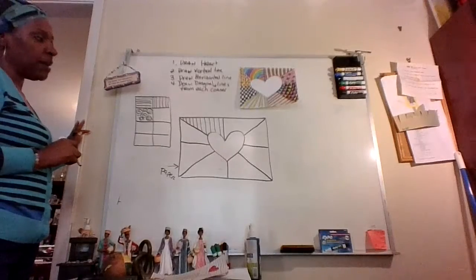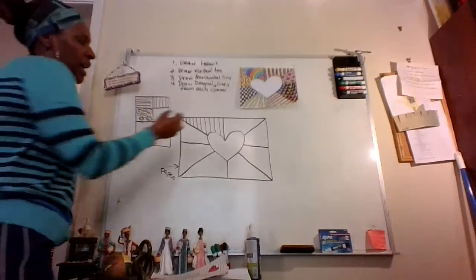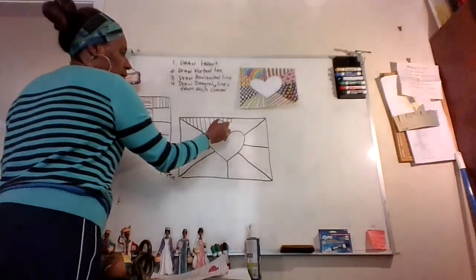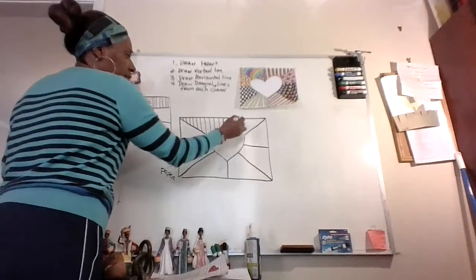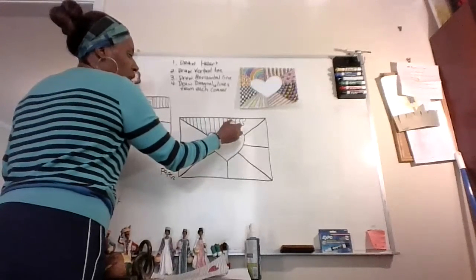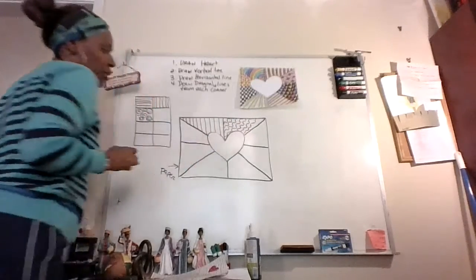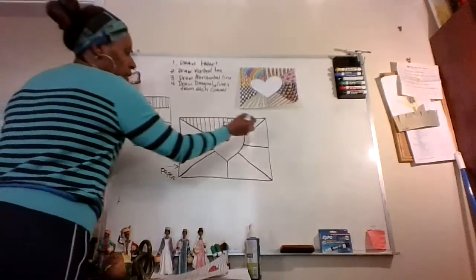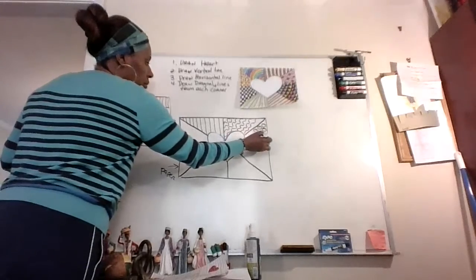Now I'm going to skip and go to the next section. And maybe I do wavy lines. I'm just creating different types of patterns. I want you to look at the ones that you created though. That's why I had you do that first. I'm going to go into my next one, and maybe I do circles.